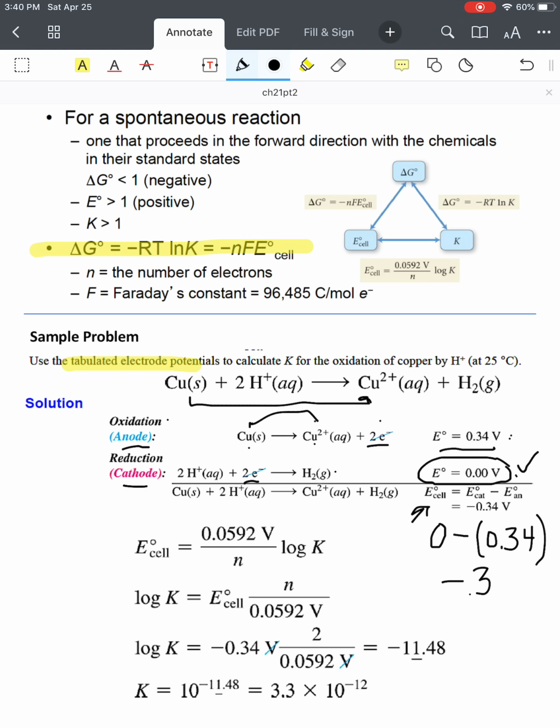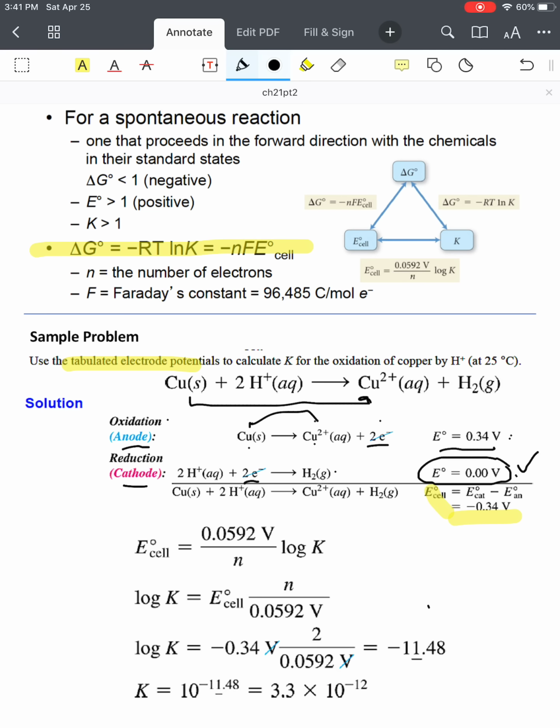That's 0.34, and when I do that, I get negative 0.34 as my E0 cell, don't I? Negative 0.34, right? And of course that's shown here in the answer. I just wanted to work that through with you to make sure it was clear where that number came from. But indeed, that's shown right here. Negative 0.34 for my E0 cell. That's what it's equal to.